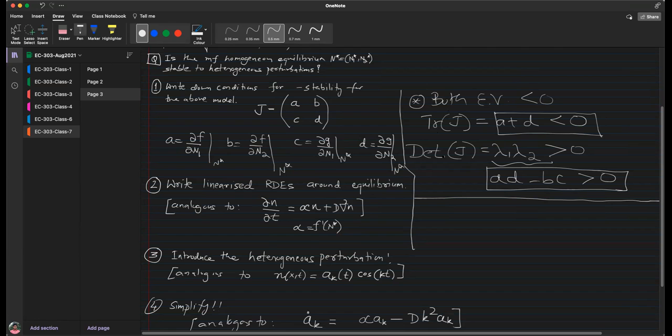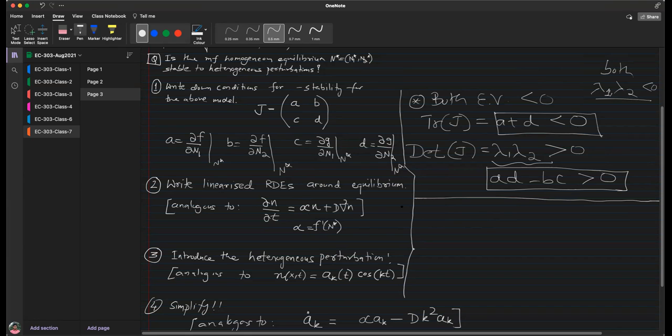The more precise statement is that the real part of each of the eigenvalues must be negative. So if the eigenvalues are lambda 1 and lambda 2, they both must be less than 0. And since the trace is the summation of eigenvalues, A plus D must be less than 0, and likewise for the determinant. Any other questions?